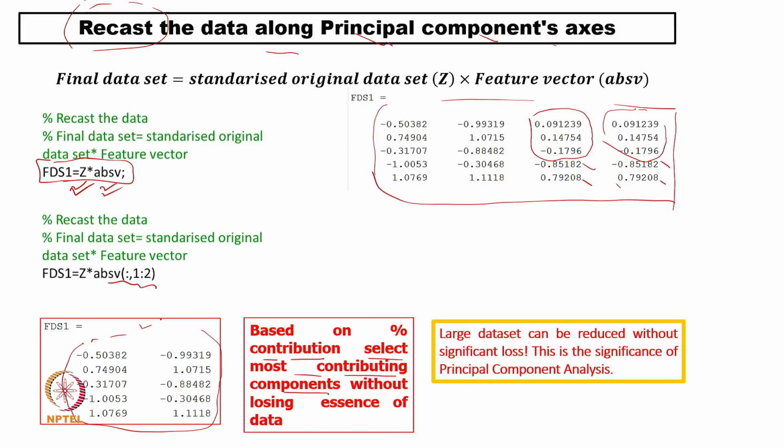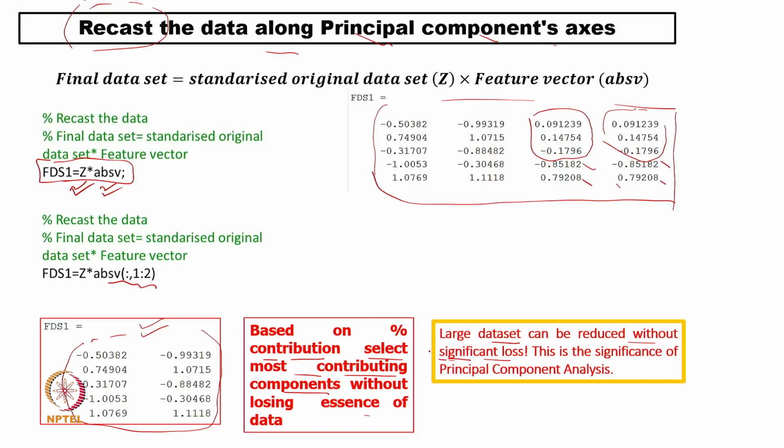If we choose this f1 and f2 at the first column and second column, and then we count only those variables, and then we recast, still we can find out the good data without really losing the information. So, this is the right way; we say a large data set can be reduced without significant loss.